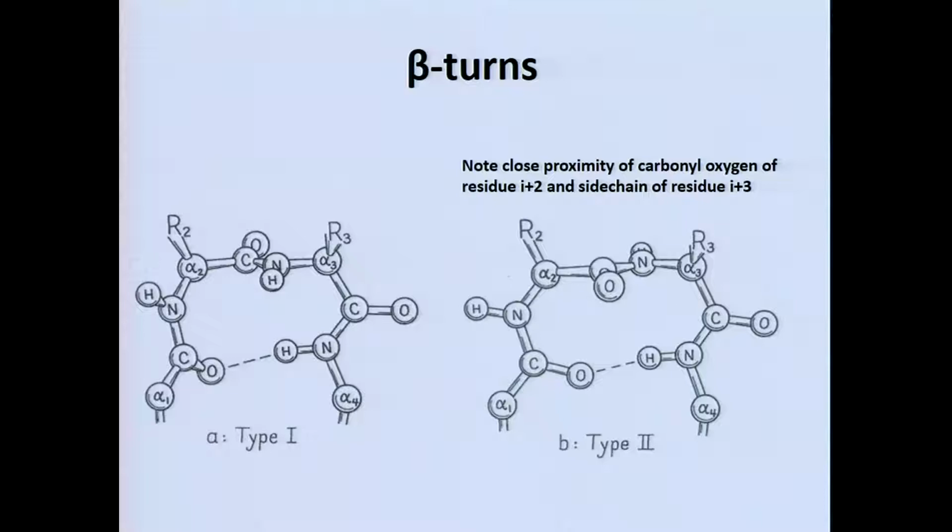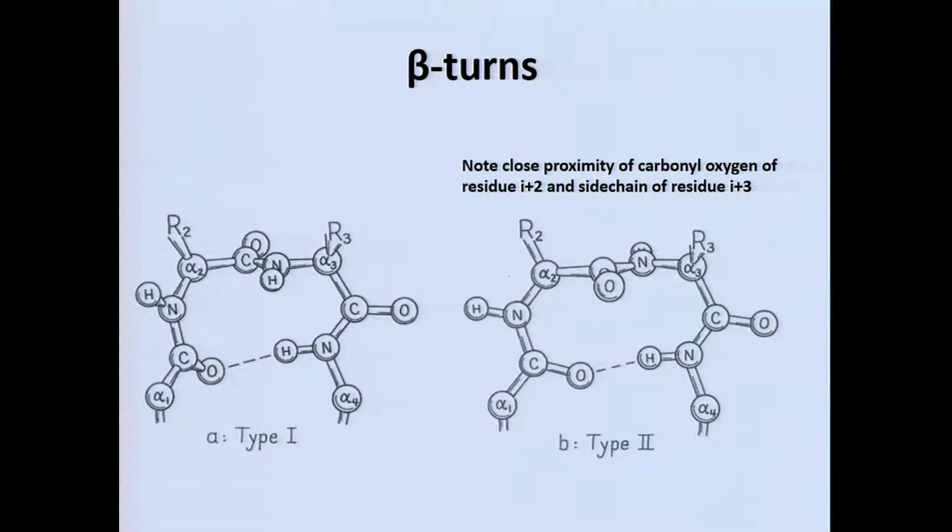This alpha 3 or R3 is the glycine, because there is not much space for any other amino acid. And often R2 is also a glycine, but that's not necessary. But most of the time in type 2 turns, R3 is glycine because of the space.